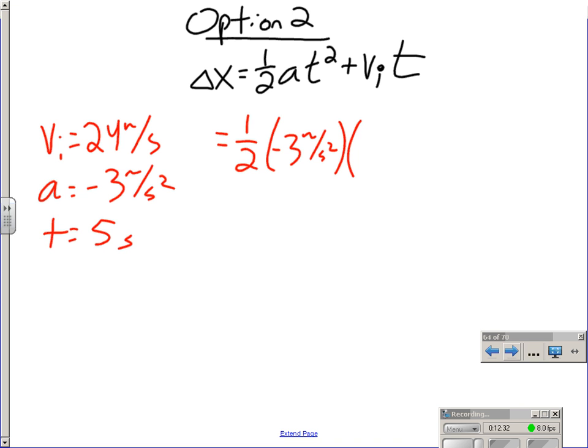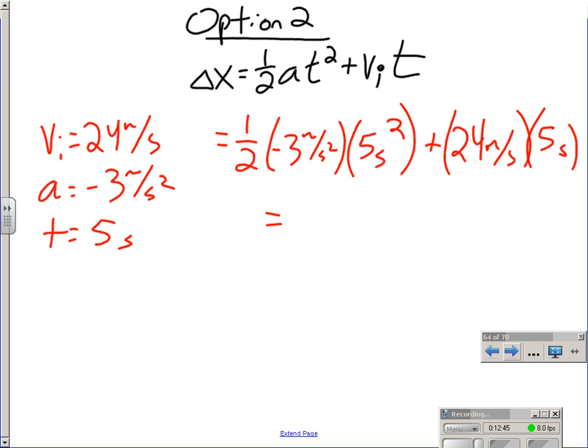Time is 5 seconds. Don't forget to square it. Initial velocity is 24 meters a second. Time is 5 seconds. Punch it all into your calculator and you get 82.5 meters. Okay, so to me that's easier because it's all one step, right?